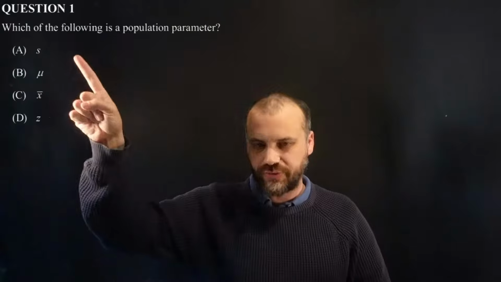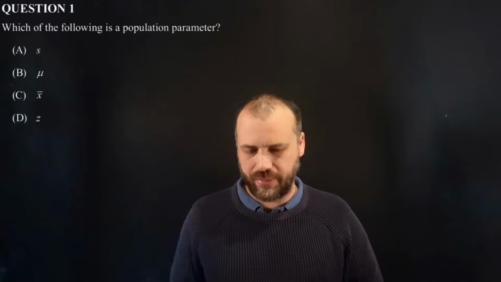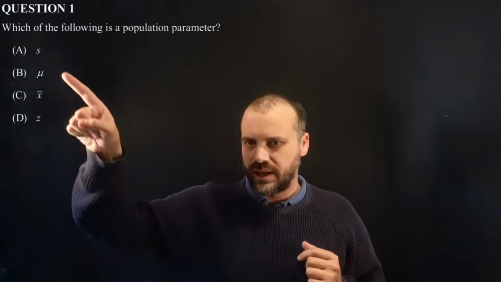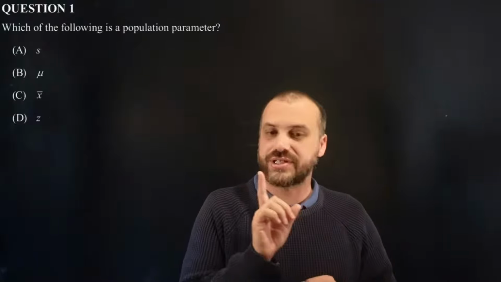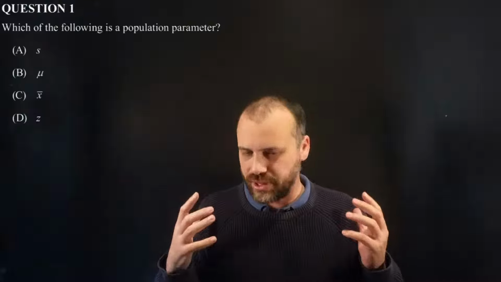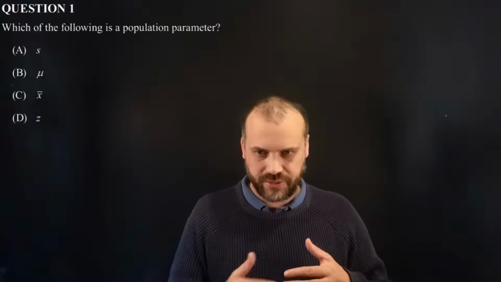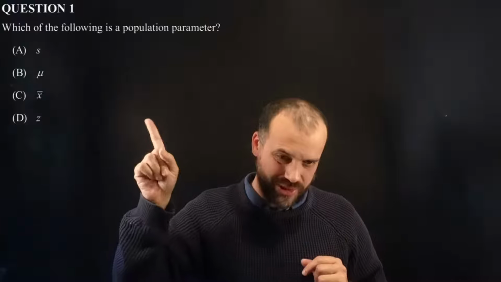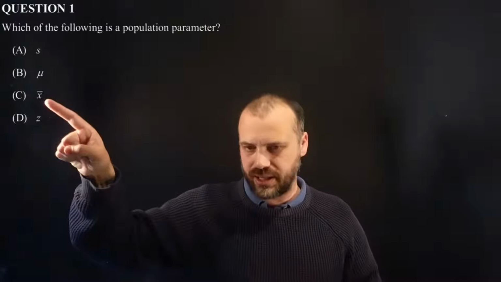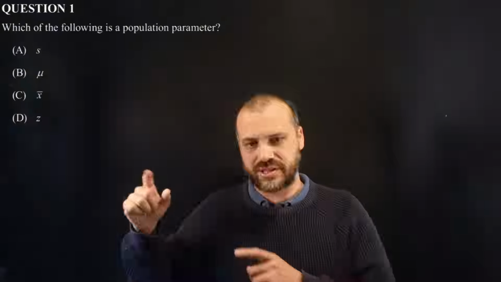So here we are. Which of the following is a population parameter? Very fast question here. S refers to the standard deviation of the sample means. So it's not a population parameter, it's a sample parameter. Mu here, let's leave that alone because, spoiler alert, that's the correct answer. X bar here is the mean of the sample means.